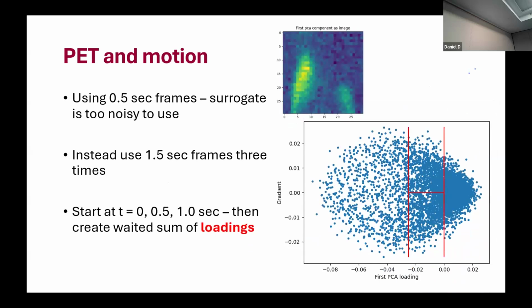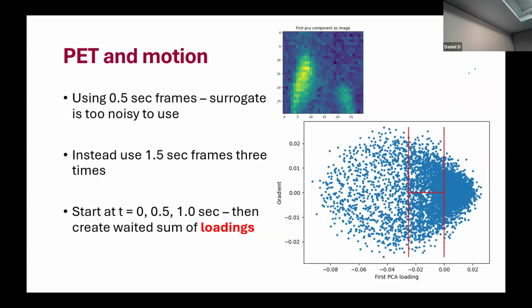I'll show the end results later on in comparison to MRI, just for consistency, but I'll explain it here. Half a second isn't long enough. It's the time resolution that you want, but it's not enough time to get the statistics.